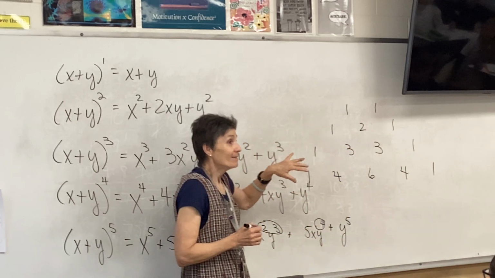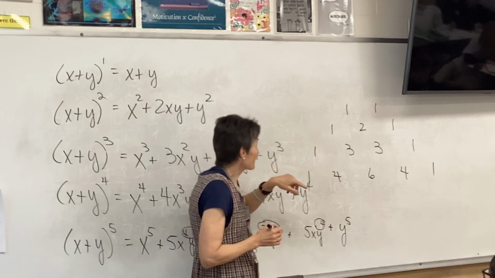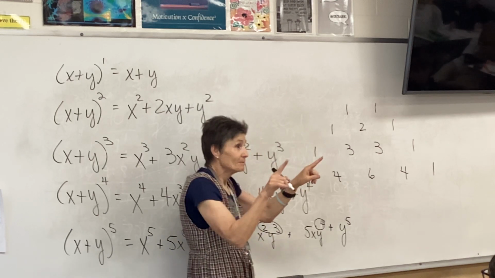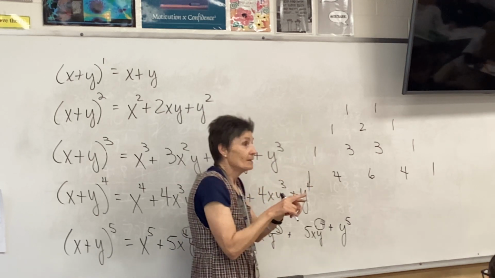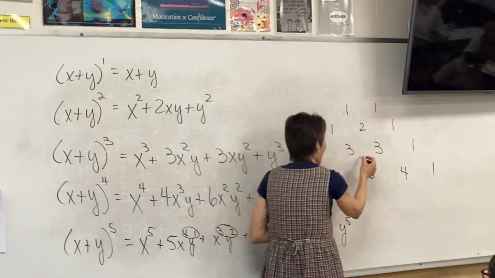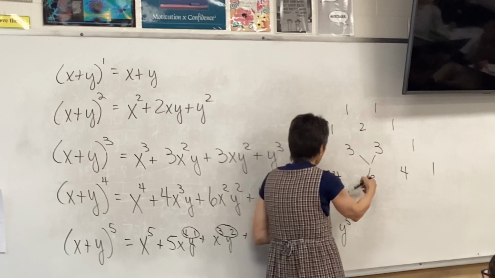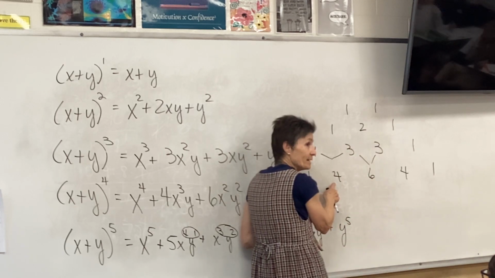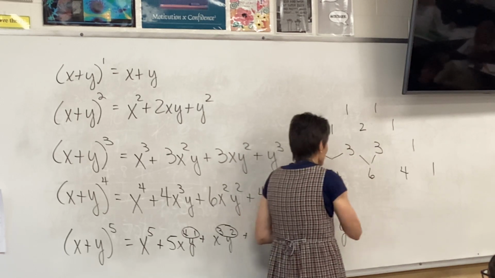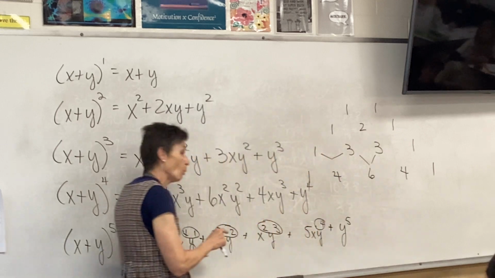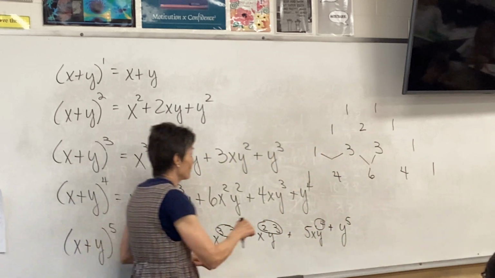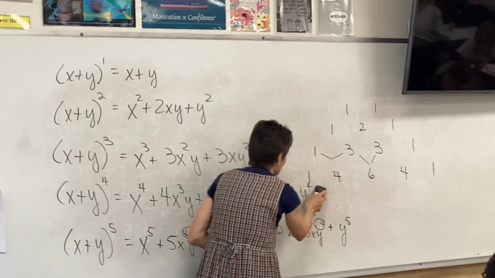The 3 and the 3, like the 2, it's like a pyramid, or like a triangle. So if we add these two, we get this one. If we add these two, we get this one. So the next row, which is the one we're trying to figure out, again, I'm gonna erase some of this.